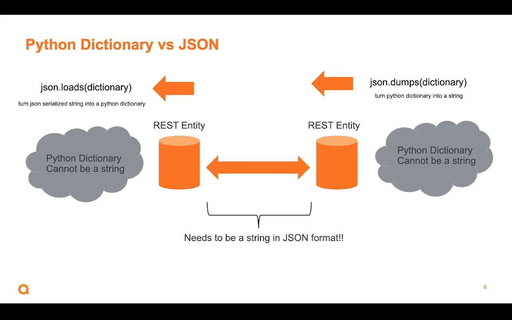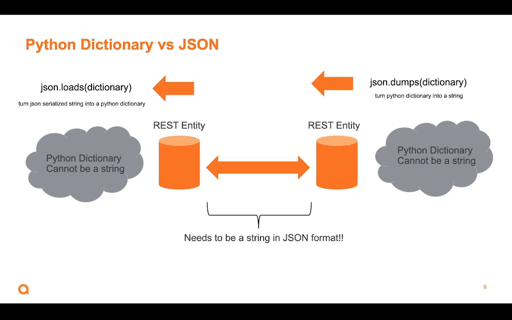We're turning a Python dictionary into a string, but it looks just like the Python dictionary. It has the curly braces and square brackets, but we use dumps to take that dictionary, break it down and turn it into a string, and we pass it over the wire in a JSON serialized string with the curly braces and square brackets.